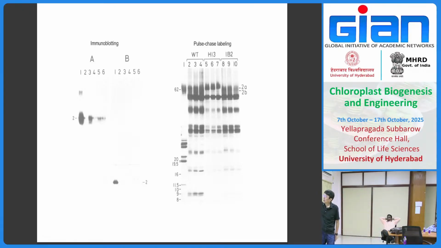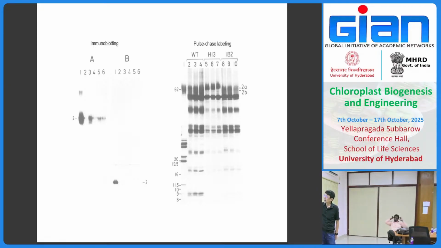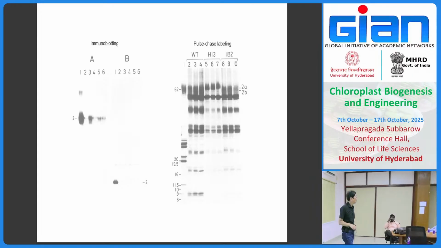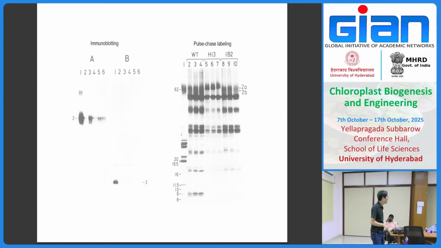And the PS1 deficient mutant completely lacks PS1 reaction center protein, but it accumulates a little bit in the PSAC mutant. It's very much reduced. So immunoblotting is more sensitive. Other small subunits are totally absent. So the question arises why other PS1 subunits are reduced in the absence of PSAC.